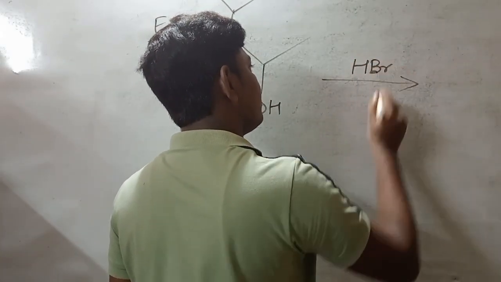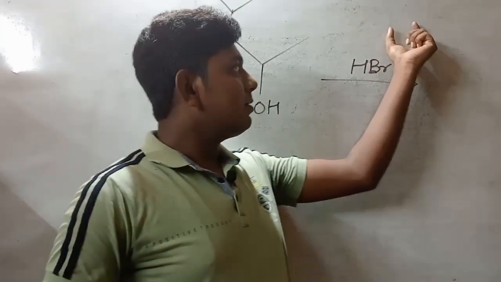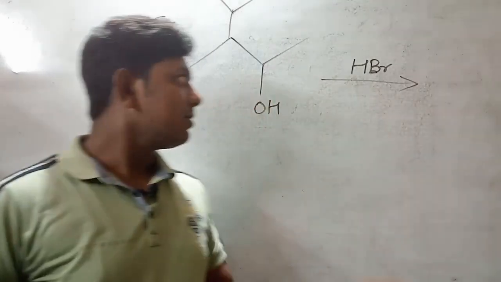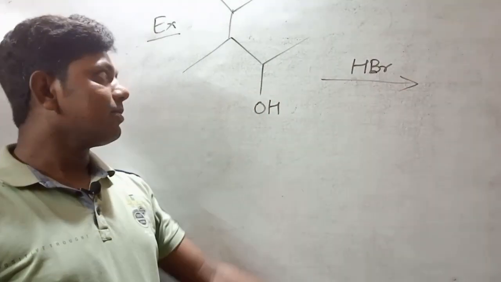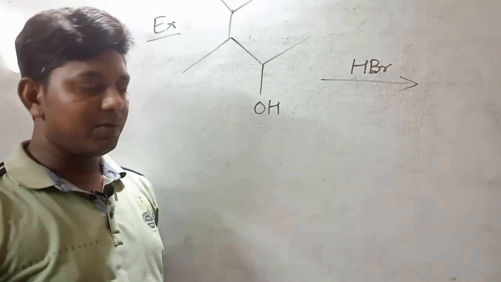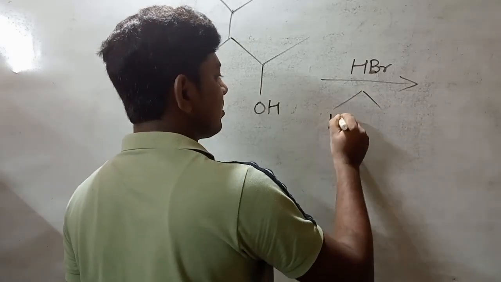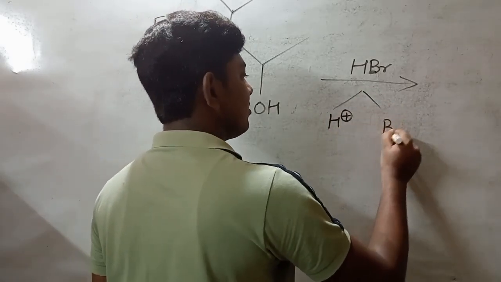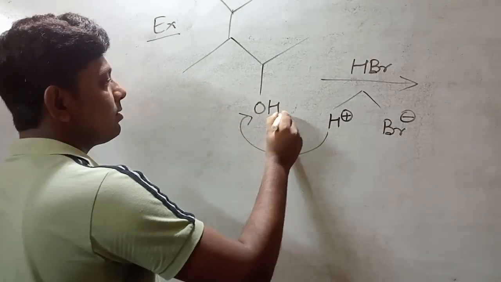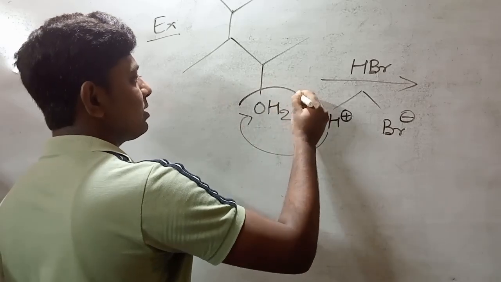It reacts with HBr. So in the case of PCl3 there is no rearrangement, but in the case of HX, that is HBr, HCl, HF, rearrangement is possible. So H plus and Br minus; the water is removed here.